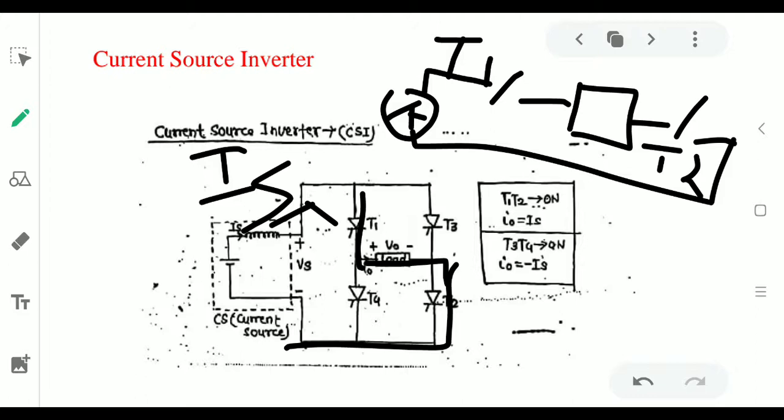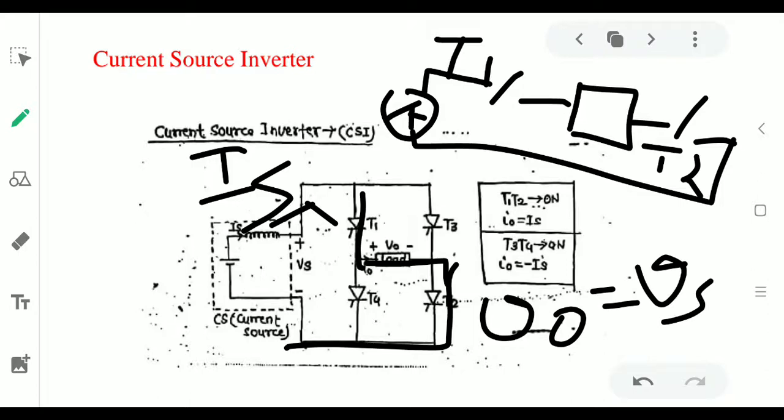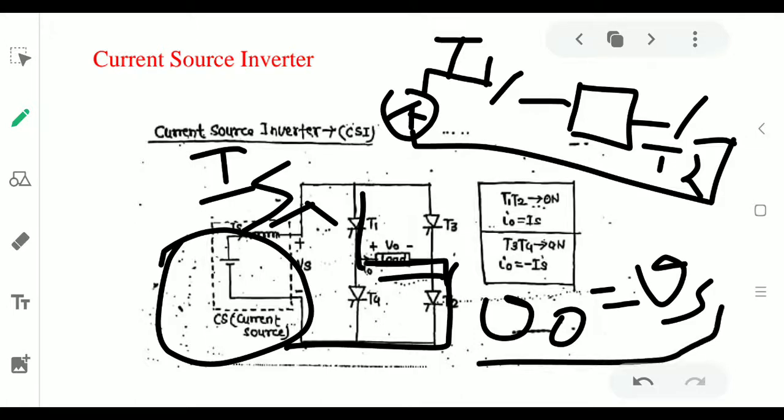The voltage V0 will be equal to Vs. If the total voltage across this source on the input side is Vs and the voltage across output is V0, then this is the equation. V0 is equal to Vs for turn on condition of T1 and T2. When T1 and T2 are on, V0 is equal to Vs and the current is in positive direction. We will see in the waveform what it means.